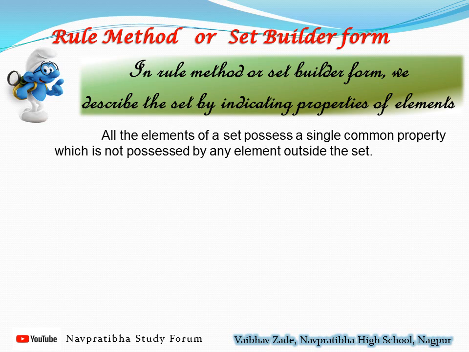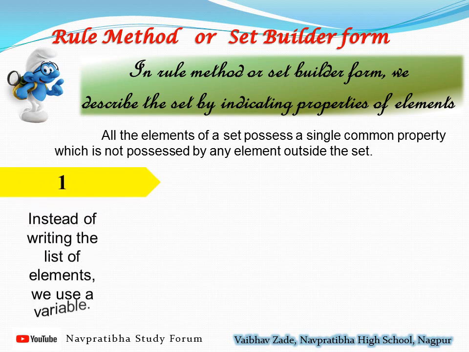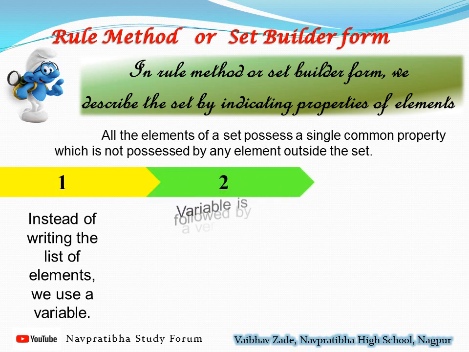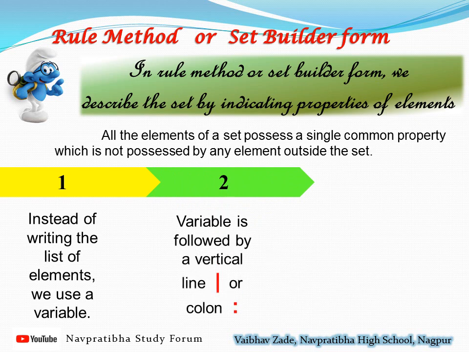So see some points. Point 1 is, instead of writing the list of elements, we use a variable. We do not write the complete list. For the list we use only a single variable, any variable, x, y, z, etc. The next point is, the variable is followed by a vertical line or colon.